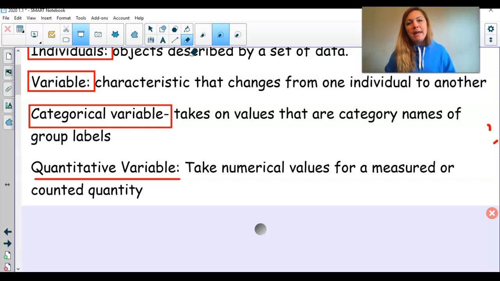It does not make sense to gather all of your zip codes and find the average zip code. We don't add up 55427 plus 55428 plus 55446, and divide by how many we have. That doesn't make sense, okay? So with a quantitative variable, you can average them. They also often have units.